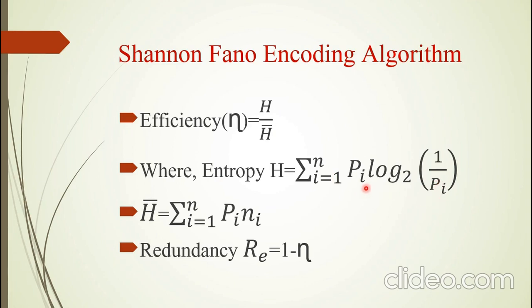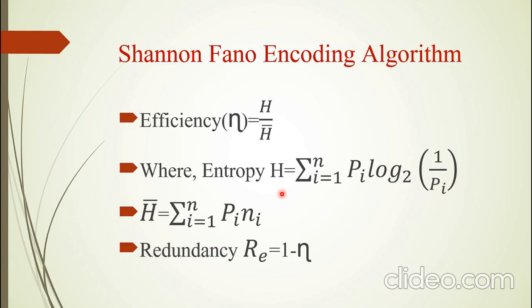This is the formula of entropy, which I have already discussed in my previous video. If you want to watch that video, please check it out. So this is the formula of entropy.